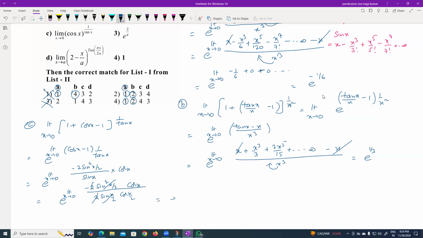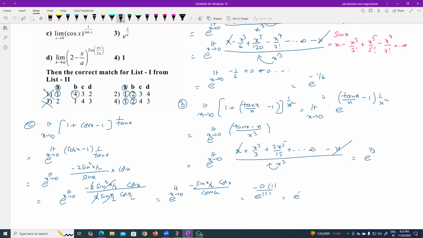So e power limit x tends to 0 of minus sin x by 2 into cos x by 2. Substituting x value 0: sin 0 is 0, cos 0 is 1, divided by cos 0, 1.